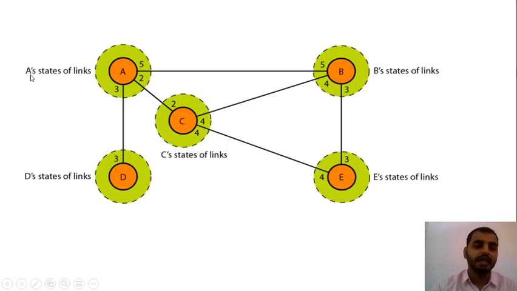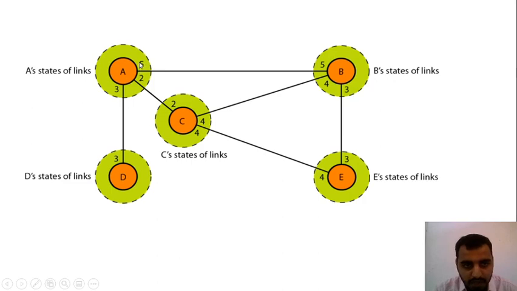Now for link state A, what is the value? With reference to the distance between A and B, let me consider it is 5, here it is 5. And what is the distance between A and C? The distance between A and C is 2.